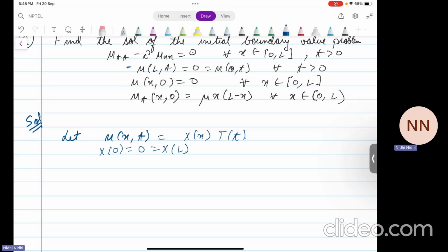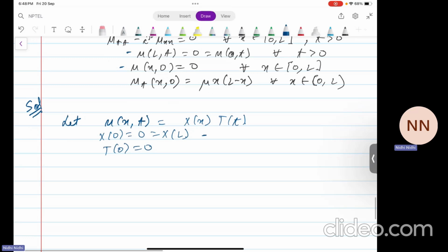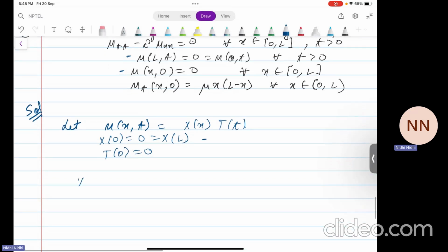From here, you must have got T'(0) is equal to 0, and using this condition and the fact that after putting u(x,t) in the given equation you get that X double dash by X is equal to T double dash by c square T equals lambda.